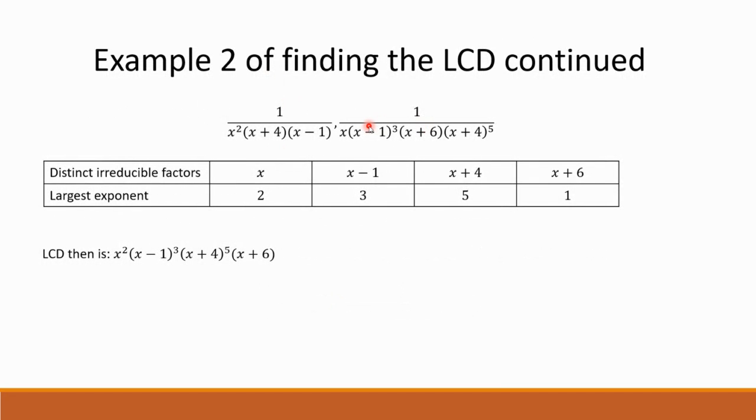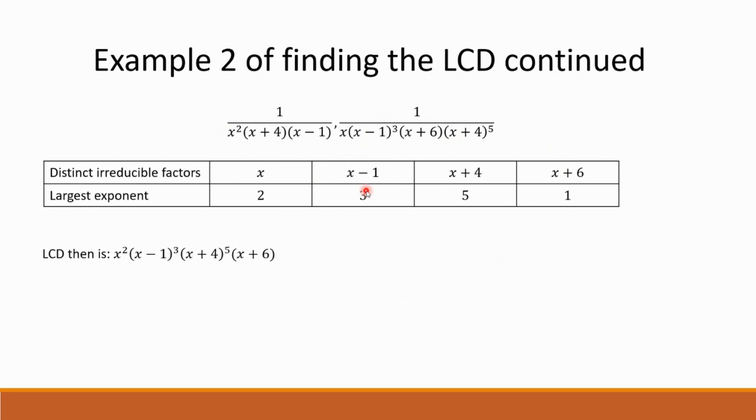They're factored, so let's list the irreducible factors. We have x, x minus 1, x plus 4. In this other one, x and x minus 1 are listed. X plus 6 we list. X plus 4 is already listed.